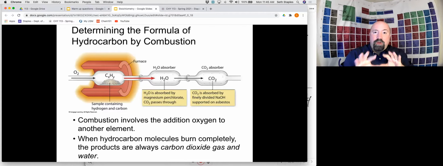And so that's what we're going to look at here, how we can use stoichiometry in order to find the empirical formula of an unknown compound, specifically here with hydrocarbons.